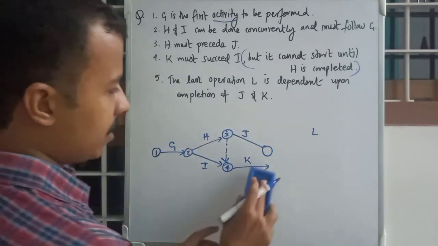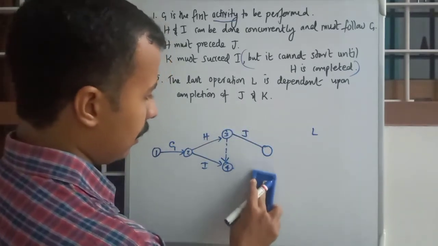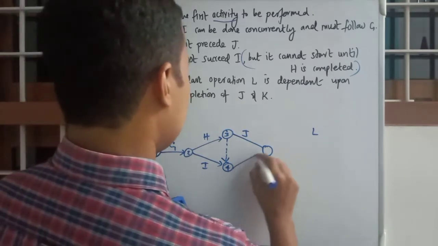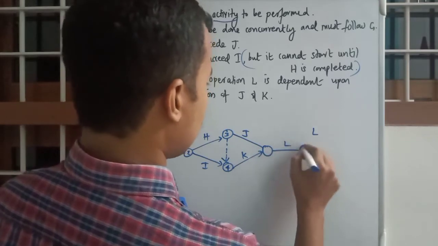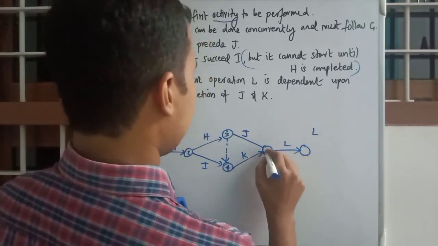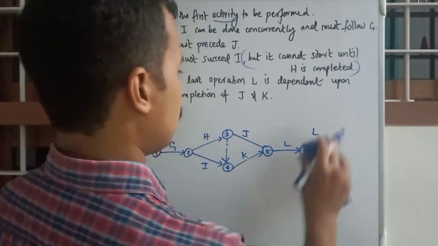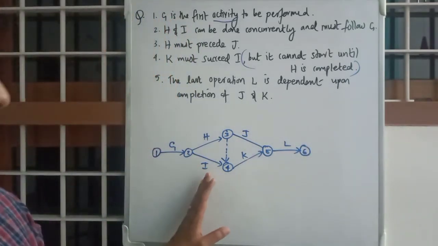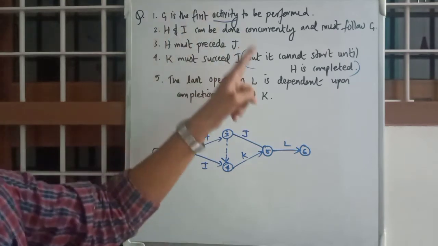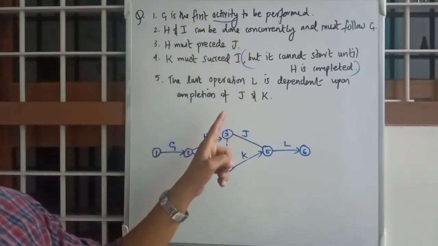That means this K can be redrawn as this, and this is L 5 6. Okay, so this is the network diagram that you got from these 5 conditions.